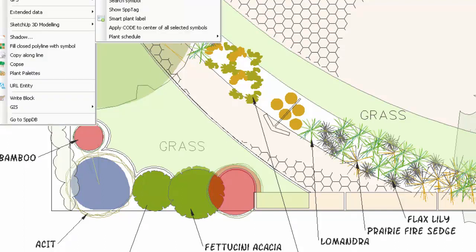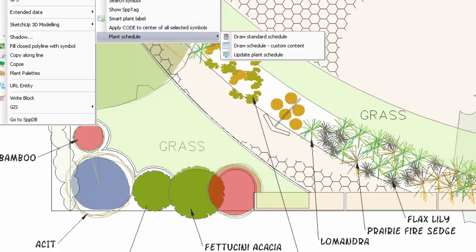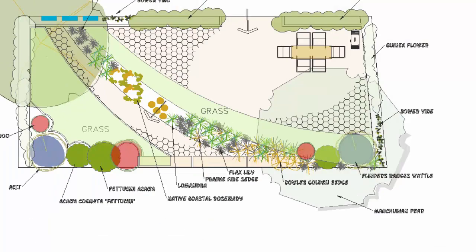Let's look here, see what else we have. We have the Smart Label tool, which we've dealt with in another recent movie, and you could apply a code to the center of all selected symbols. Again, we've dealt with that in a recent movie. Or it's now time to update the plant schedule. Now let's just leave that for the moment and zoom back out.